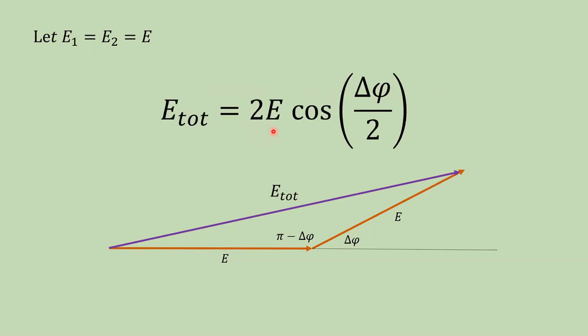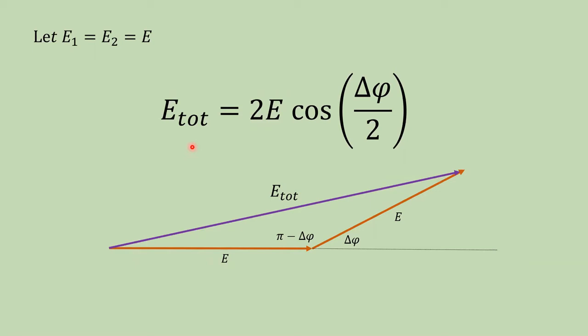Great. So we've done it. We've actually found a general expression for the length of the total phasor. That's the intermediate case. Everything in between 2 times E for the case of max constructive and 0 for the case of perfect destructive. This is the total electric field amplitude for any phase difference.